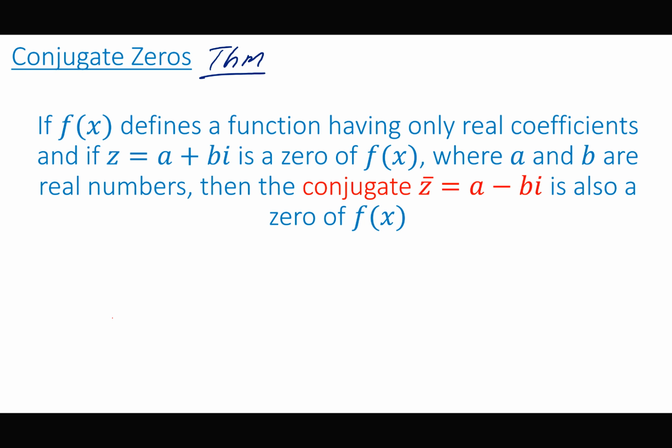We'll do one example with this, and that'll be it. It's a little bit longer, just like the last example we did, but we're going to be doing it with complex numbers instead.